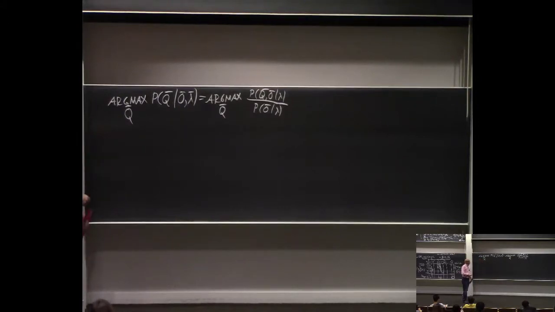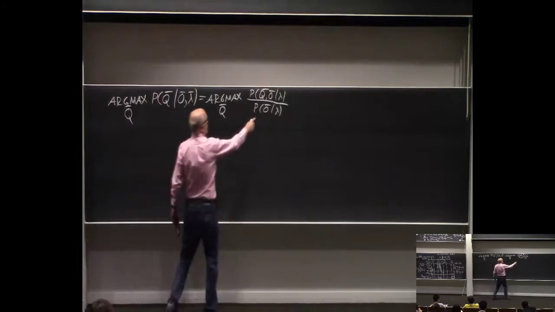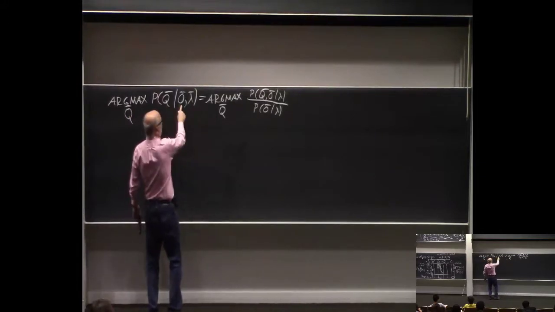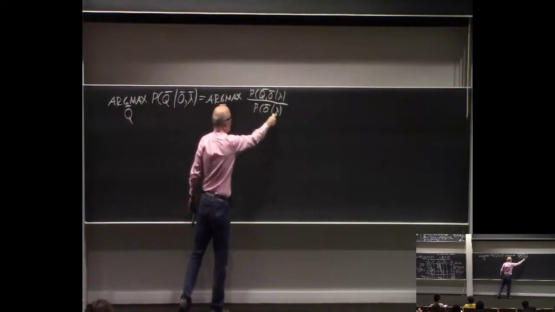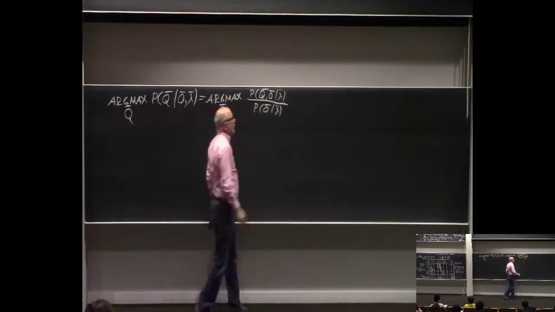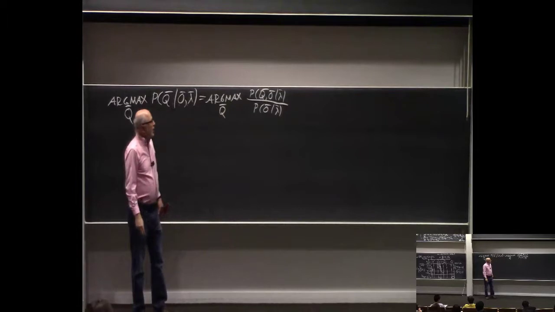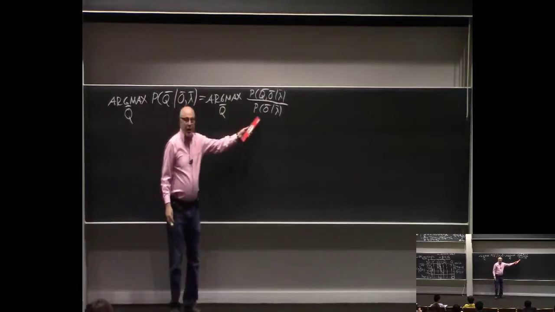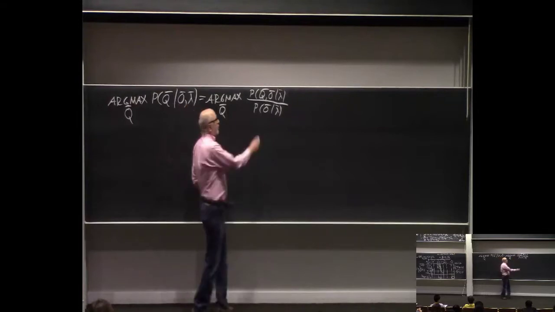Is it clear to you why this is true? P of O times P of Q given O equals P of Q and O, always conditioned on the model. Now I'm going to observe that the denominator actually does not have Q in it. So I can erase it.